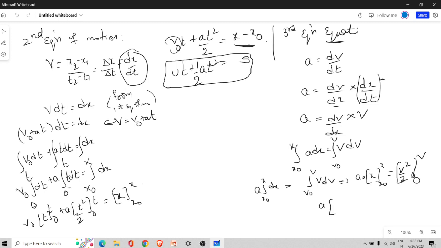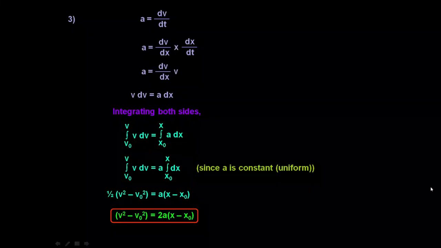Then a into x minus x naught is equal to v square by 2 minus v naught square by 2, where I can write x minus x naught as displacement s. Then a s is equal to (v square minus u square) by 2, which is the third equation of motion, so 2as is equal to v square minus u square.